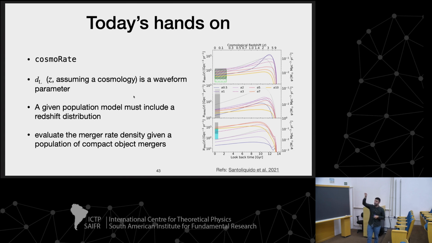On the top, you have the merge rate density of black holes, black hole neutron stars, and binary neutron stars, with different values of the alpha parameter that I told you about before. And the gray boxes are the merge rate density estimated with LIGO Virgo. So what you're going to do is to evaluate this quantity.